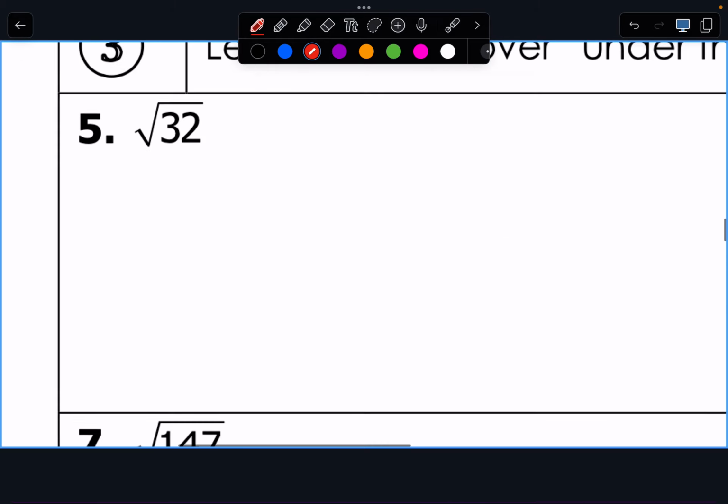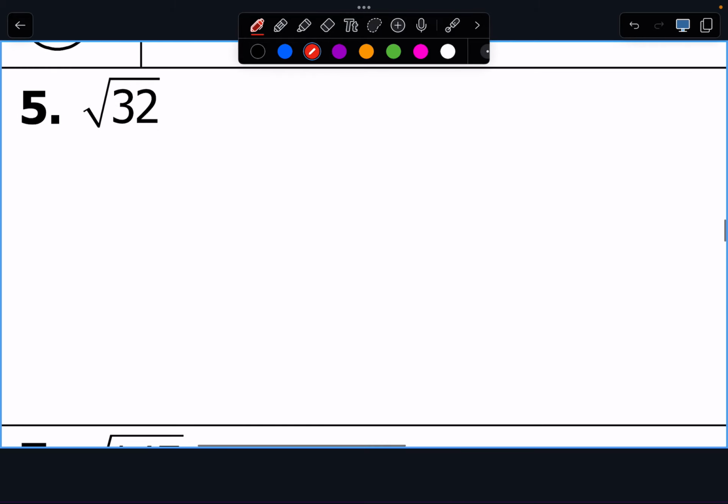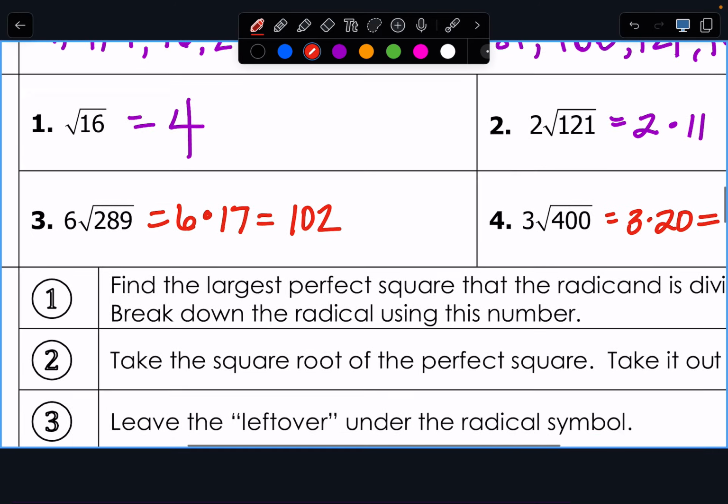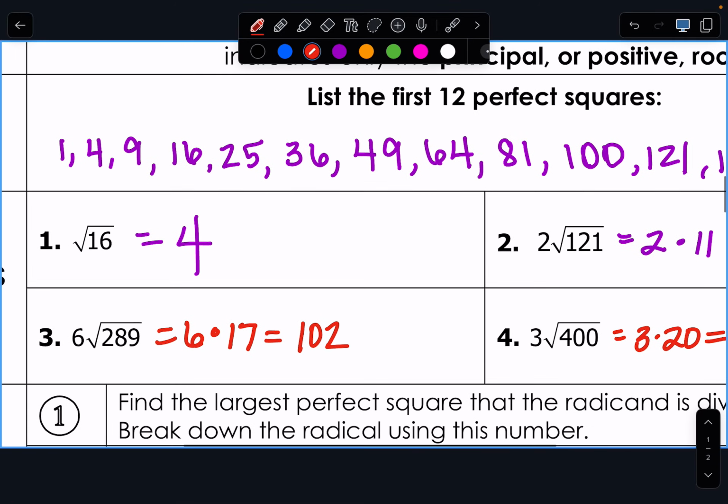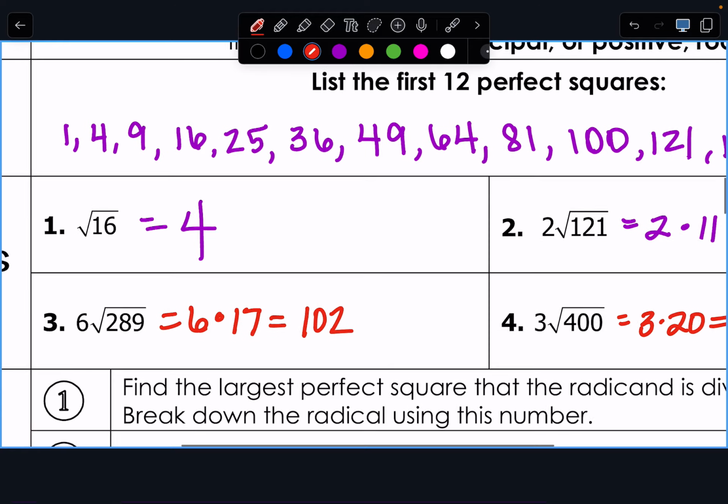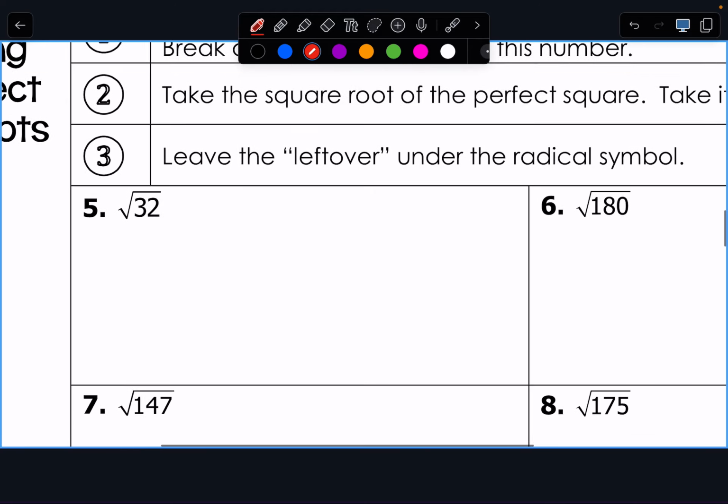So, the square root of 32. In this list of perfect squares, is there a number that can divide into 32? Yes, 4, 8... 16, right?